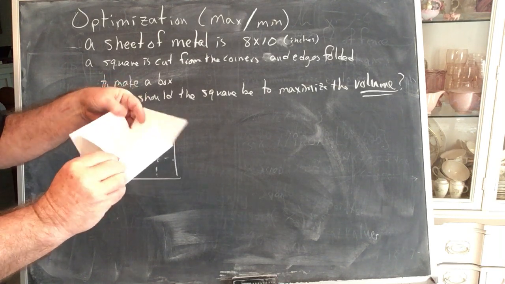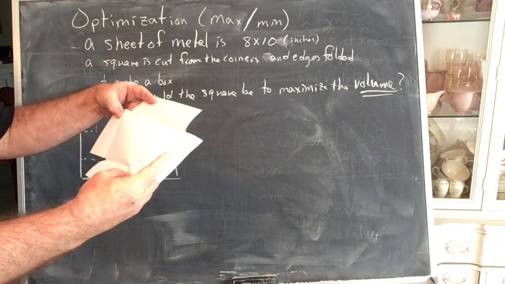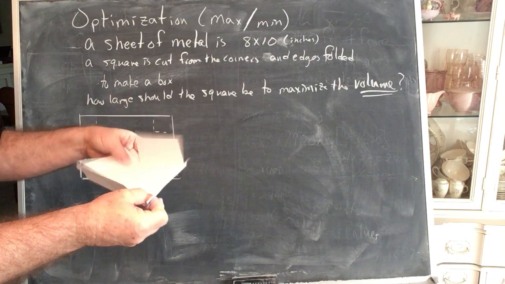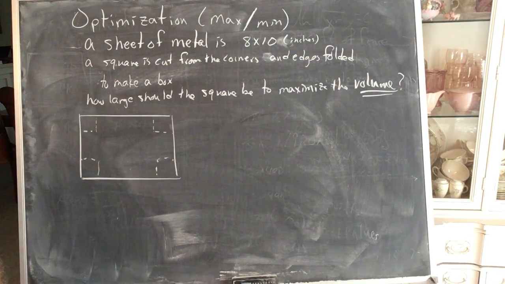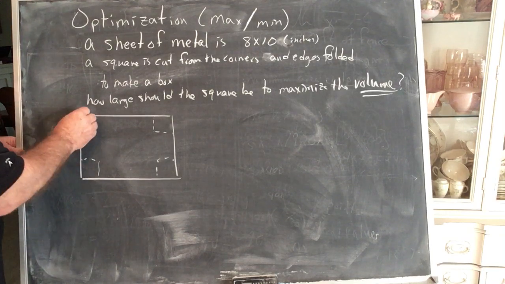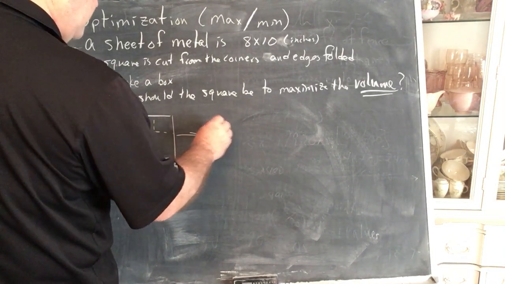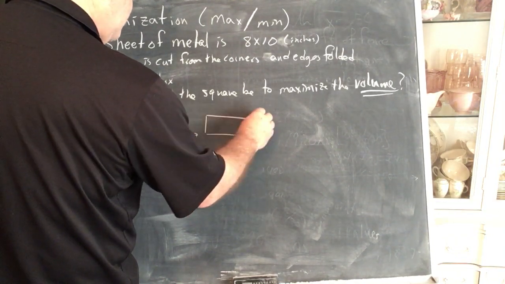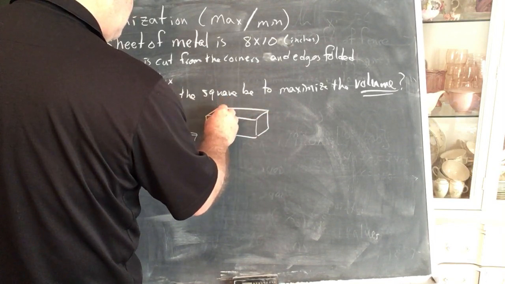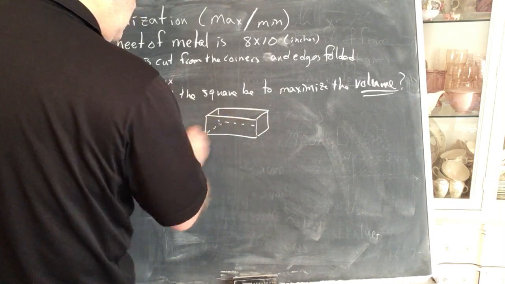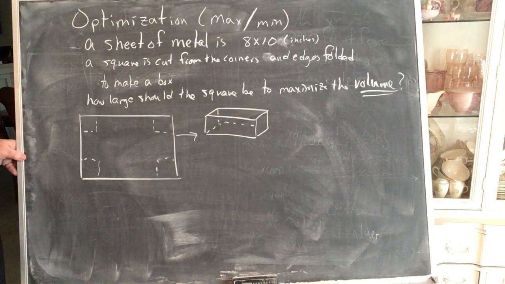So the question is, how big should that square be so that the box you make has the maximum possible volume? Now, what we're going to do is take this and fold those edges up and make a box, right?